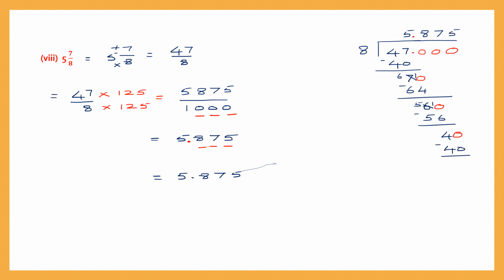So now we have a remainder 0, so the division is over. So what is the answer that we have got here? 5.875. So as you can see, the answer is the same here as well as here. So both the methods will give you the same answer. So the answer to the question is 5.875.